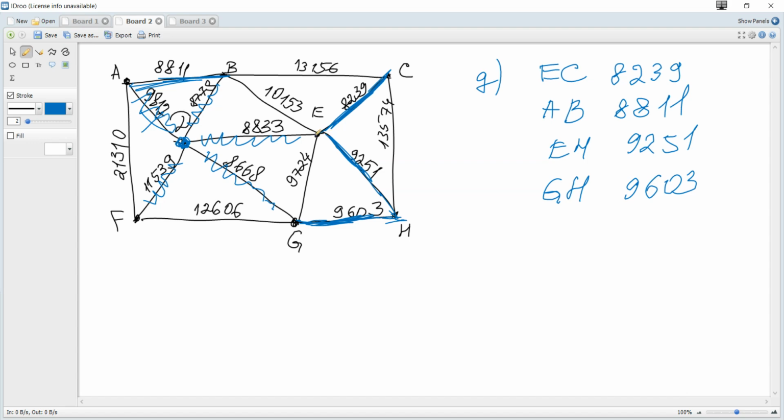And the next is BE, and you can see that there is only one unconnected vertex, it's F, and it can be connected by this AF, but it's larger, so it's FG.